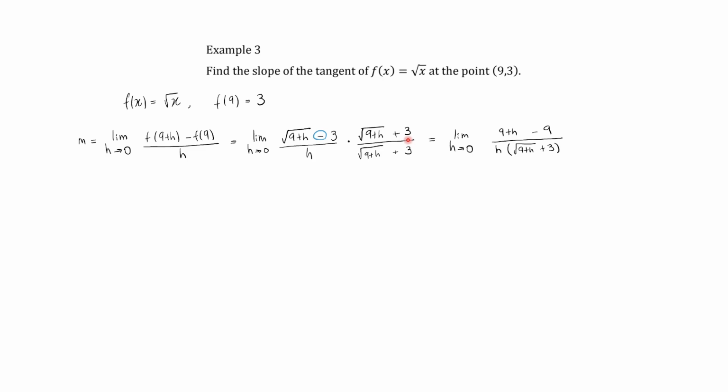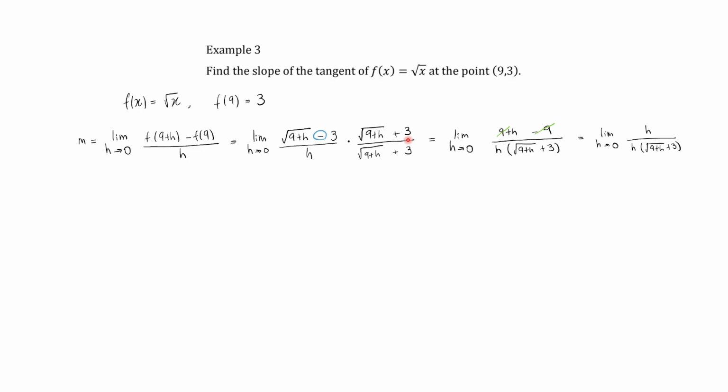All right, so that's what we are going to end up with. And of course, immediately we are able to cancel out the positive 9 with the negative 9. And that is going to give us a limit as h approaches 0 of h over h times the square root of 9 plus h, plus 3.